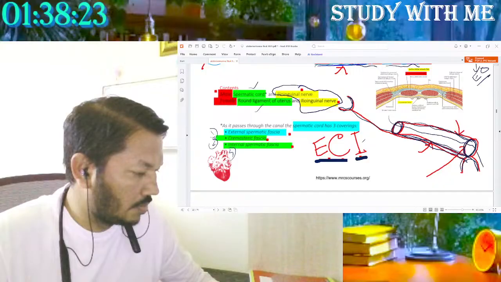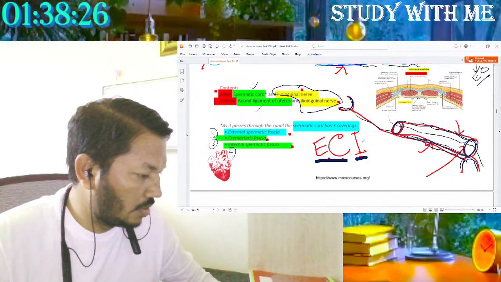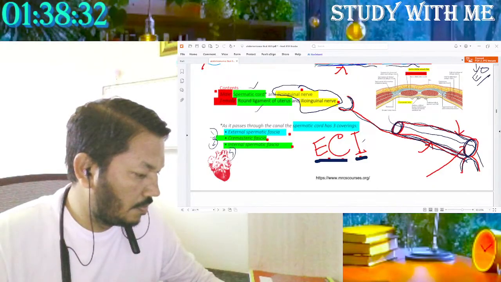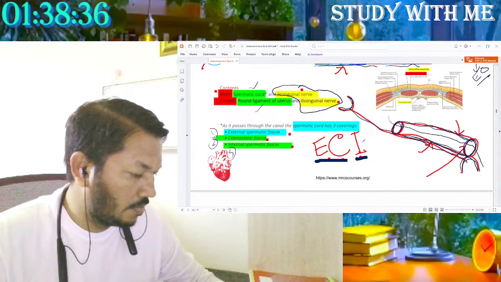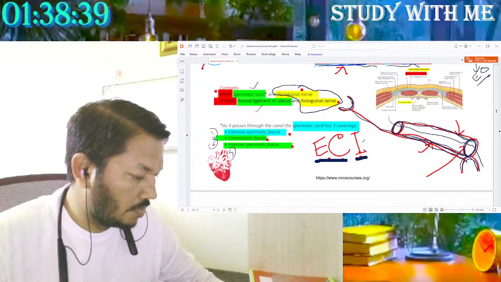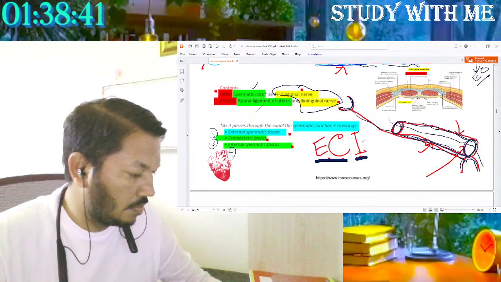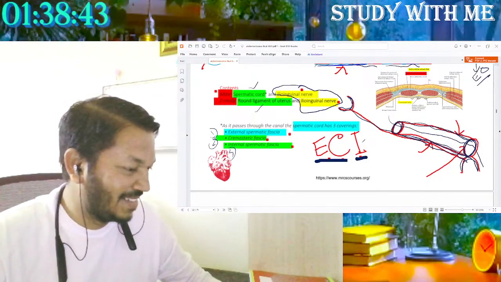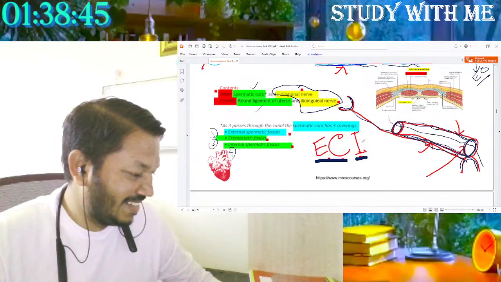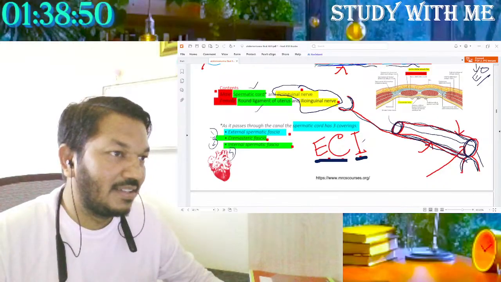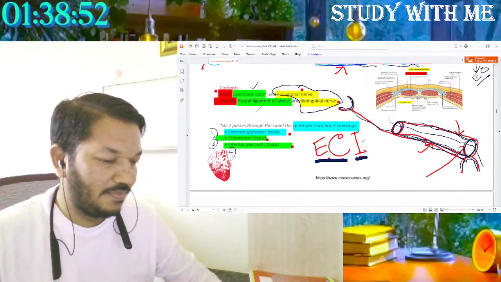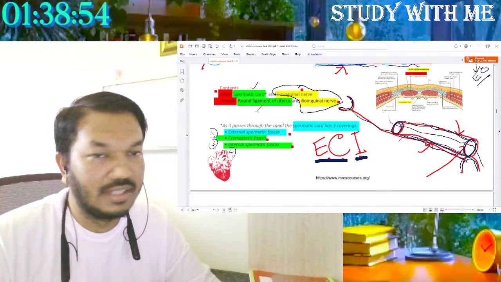You can open and check. I did some engineering as well.